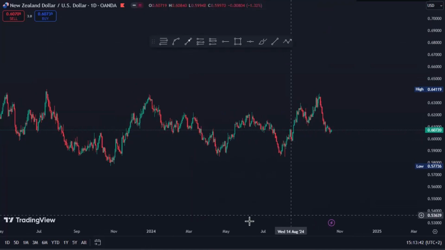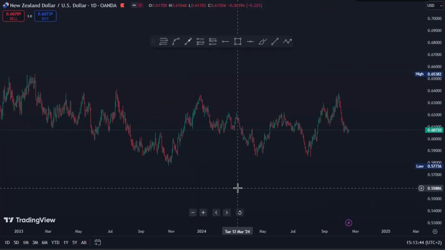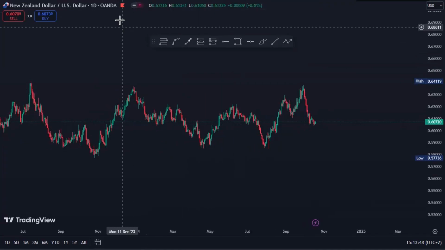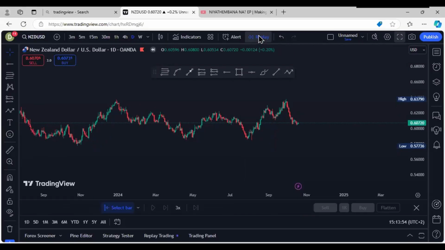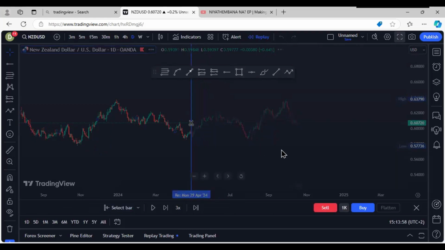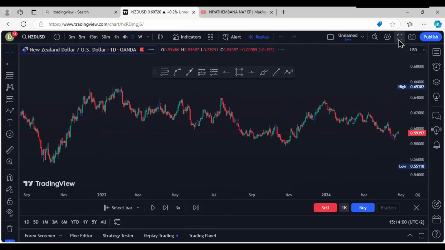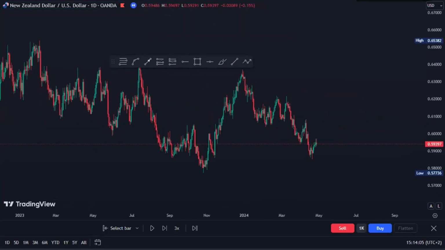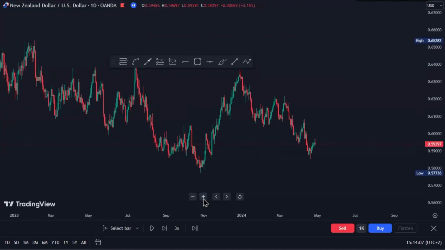Right. So at this point, we have this. I want us to start here, at this level. Right here. When we check the market here, remember, we want to trade here.